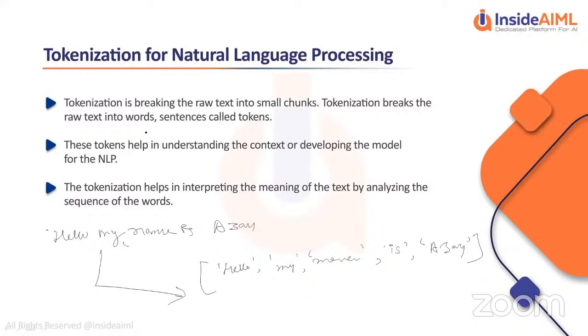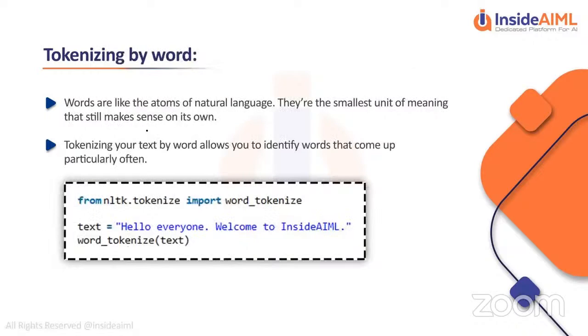Tokenization helps in interpreting the meaning of the text by analyzing the sequence of words. So we are interpreting the meaning of the whole sentence by analyzing the sequence of words. Now let's see tokenization by word.